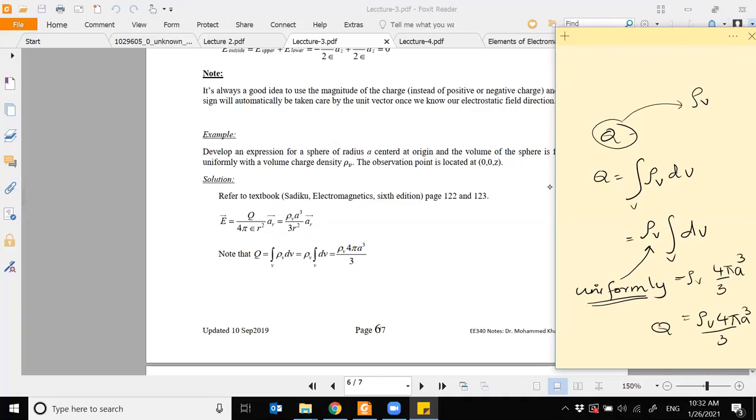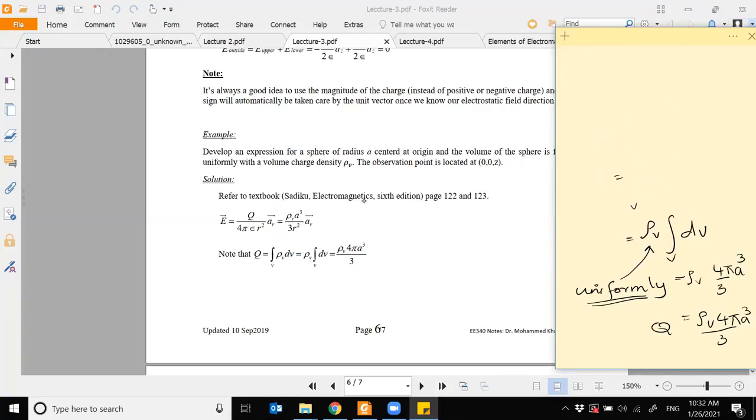This is my charge, which I can substitute here, and when I substitute, I will get rho v a cube over 3r square a_r. So this is the electric field for a sphere of radius a centered at origin, carrying a uniform volume charge density rho v.